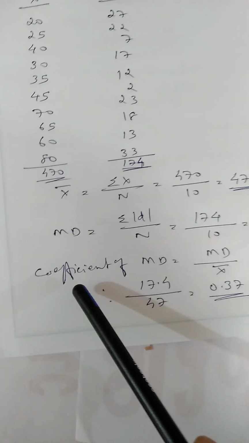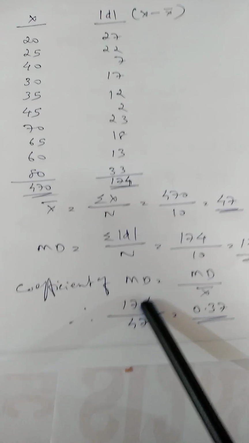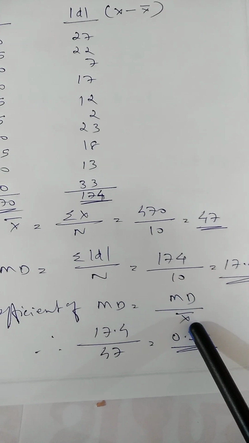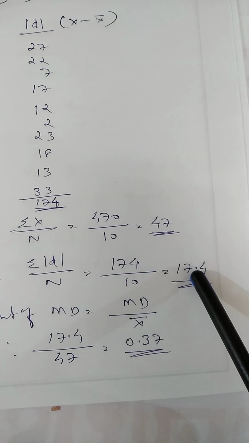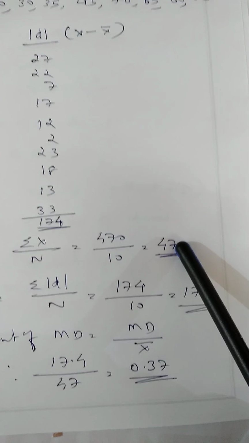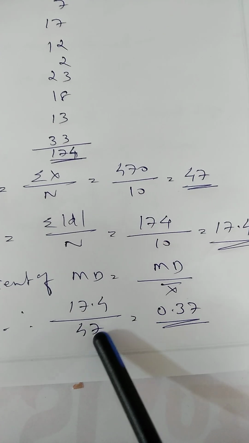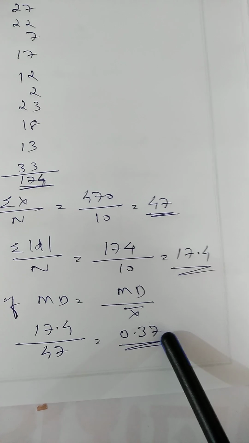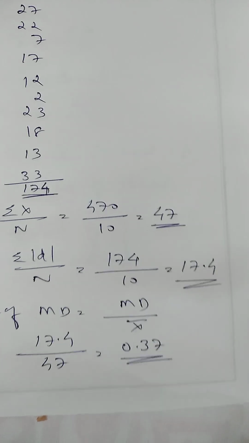Then coefficient of mean deviation is found out by using the formula mean deviation divided by mean. Now mean deviation is available, which is 17.4, and the mean is 47. So 17.4 divided by 47 provides 0.37. It is the value of coefficient of mean deviation.